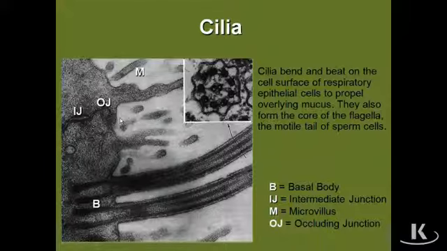But note that the size of a cilium is about 4 or 5 times greater than the size of an adjacent microvillus. When you cut them in cross-section, as in the insert at the top right of the micrograph, you can see the quite characteristic array of 9 peripheral pairs of microtubules surrounding a single central pair. And all cilia are anchored into what is called a basal body, labeled B here, in the apical cytoplasm.